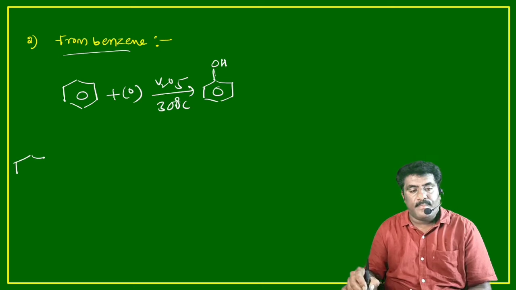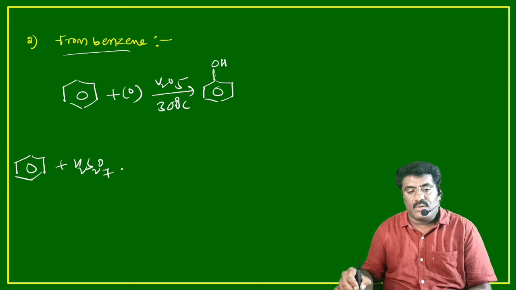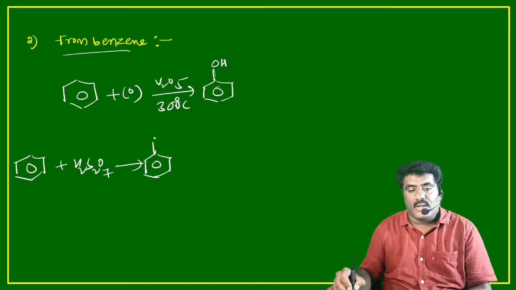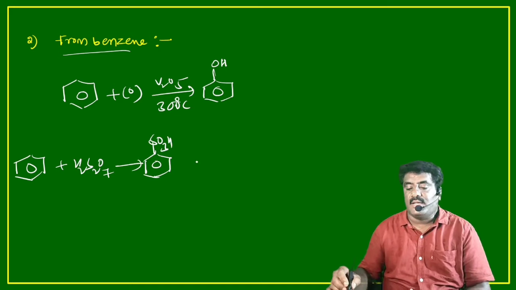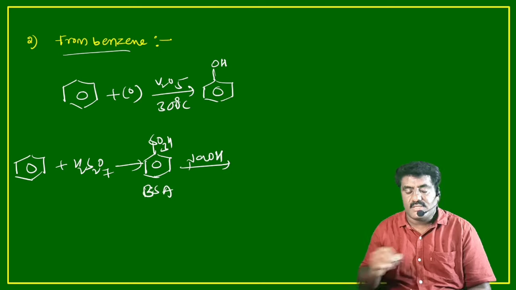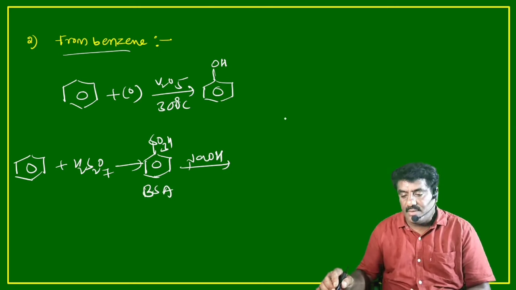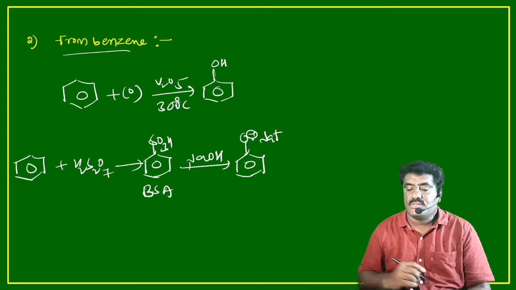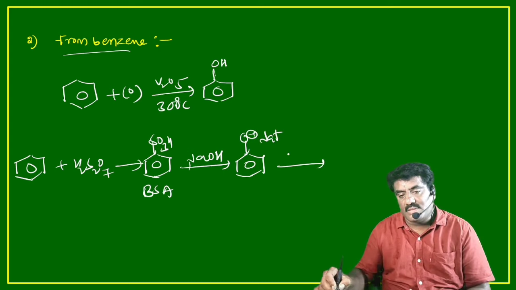Again, benzene in presence of oleum. What is the formula of oleum? H2S2O7. Oleum gives benzene sulfonic acid. Benzene sulfonic acid in presence of sodium hydroxide gives sodium phenoxide.